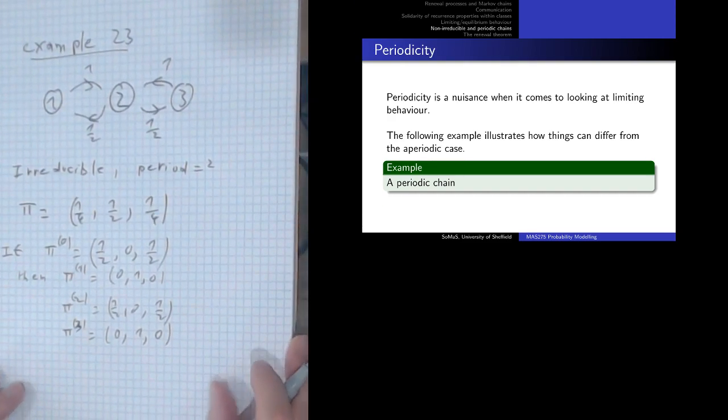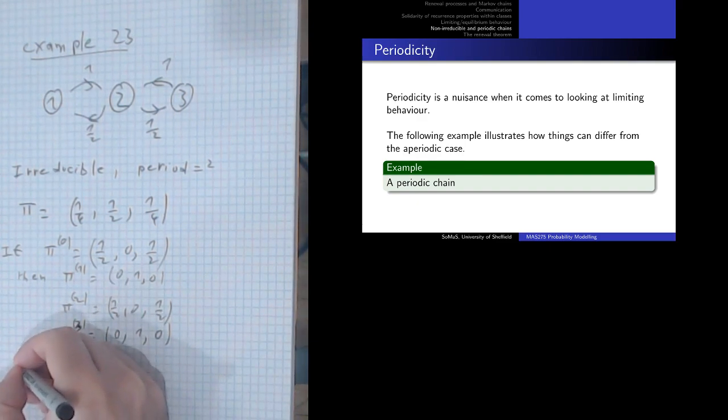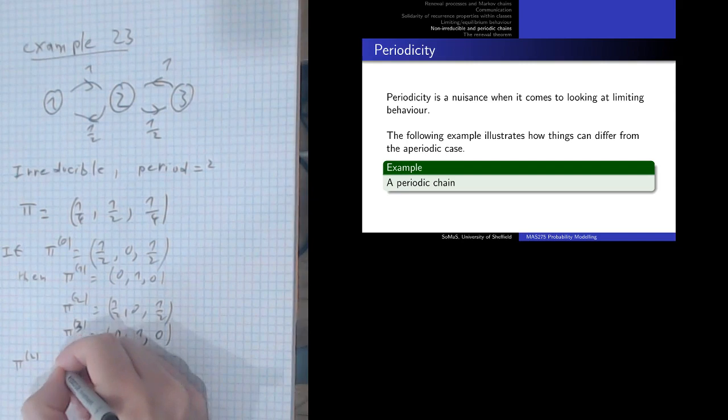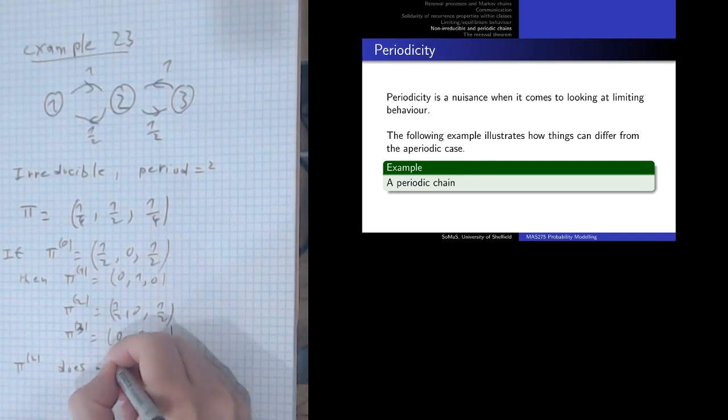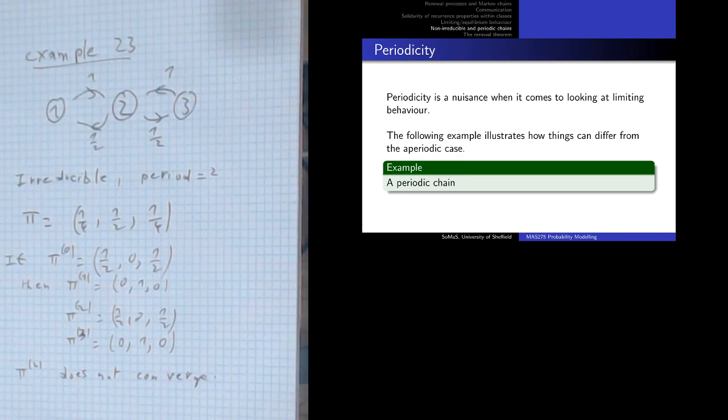And you could prove by induction that indeed we have exactly this sequence, and then pi n does not converge, unfortunately. Here periodicity gets in the way of theorem 24, unfortunately. Okay, so that's all we're going to say about periodicity.